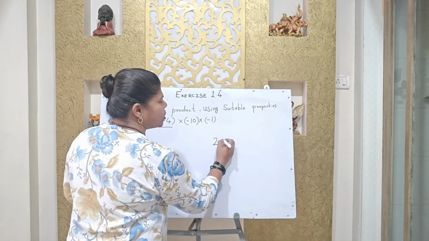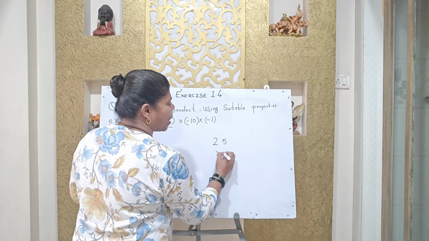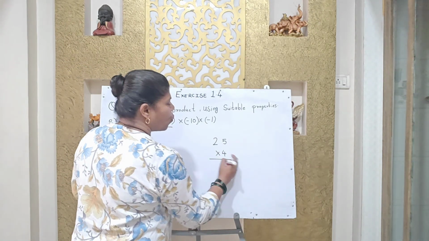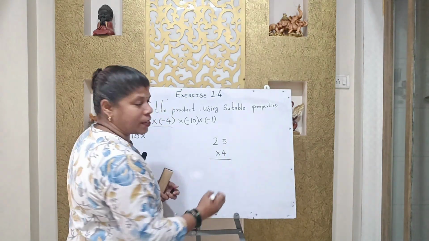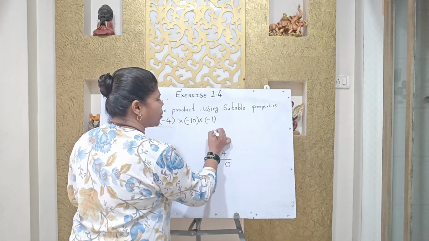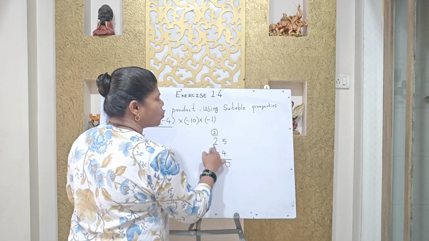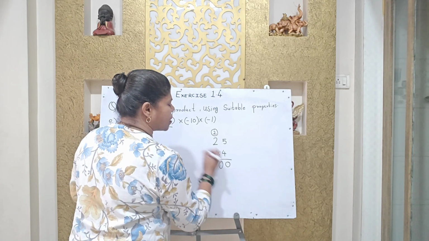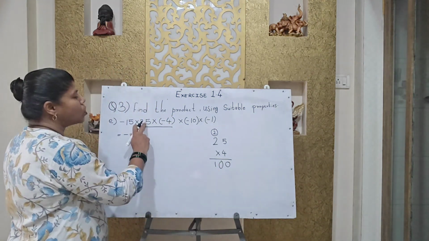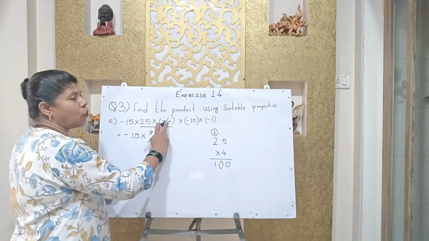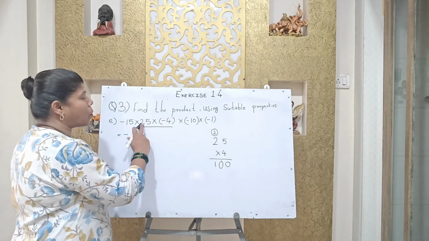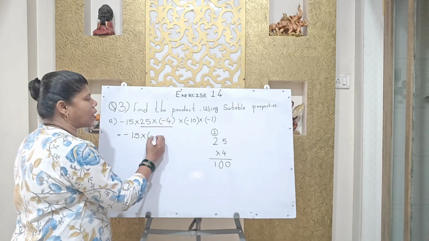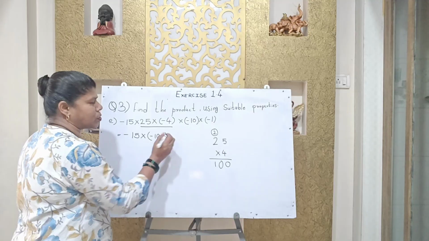So 25 multiplied by 4: 4 fives are 20, 0 carry 2, 4 twos are 8 and 2 is 10. Answer is 100. Here 25 is positive and 4 is negative, so positive times negative, the answer will be minus 100.